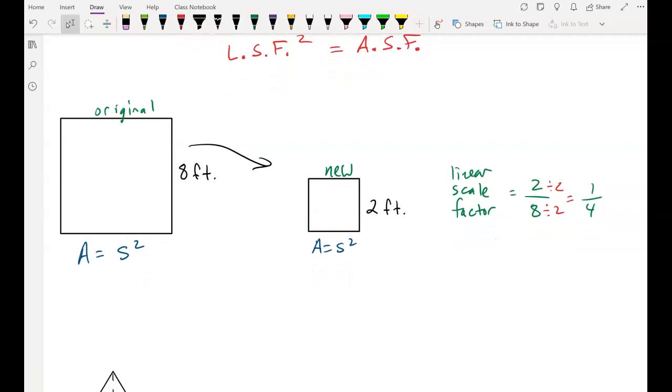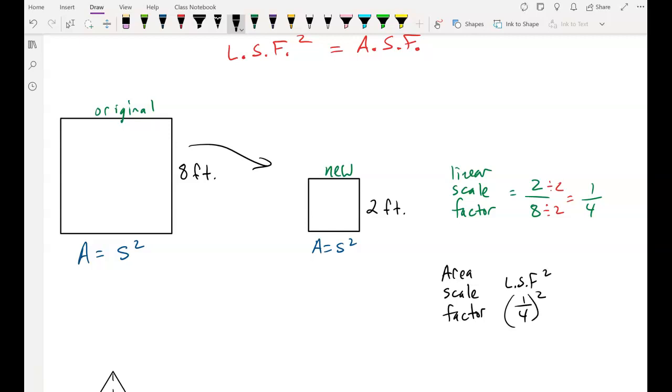What should the area scale factor be? We should be able to figure that out at this point. Remember, the area scale factor is equal to the linear scale factor squared. What's the linear scale factor? Well, it's 1/4.